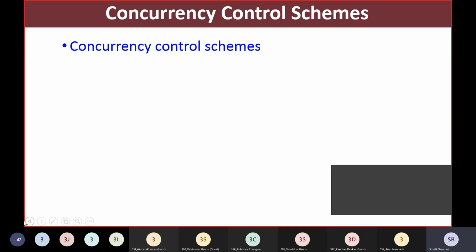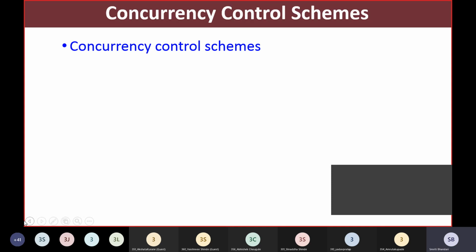So let's proceed now with the concurrency control schemes. We have seen why we should have concurrent execution of transactions. So what are the advantages of concurrently executing the transactions? If we want those advantages of concurrent execution, then we should allow our transactions to execute concurrently.